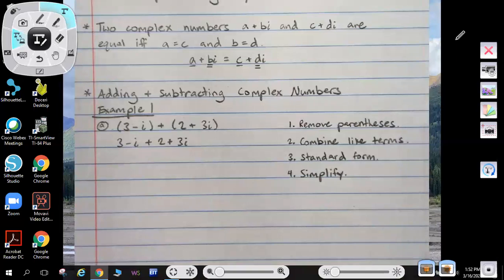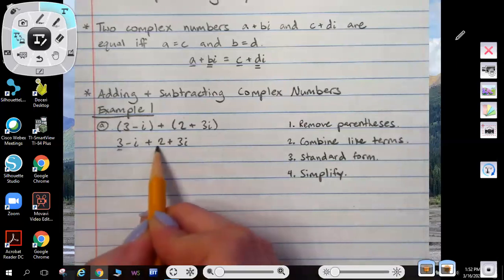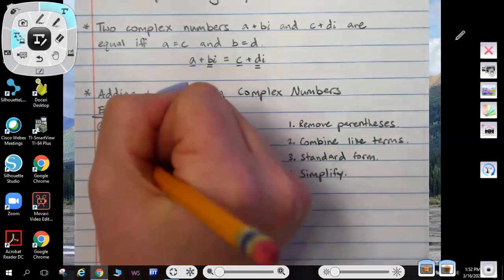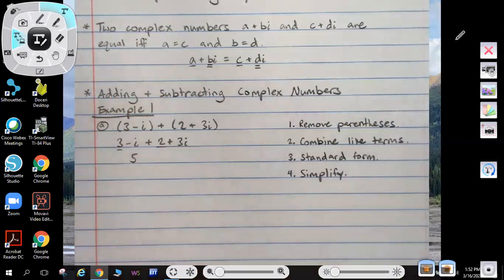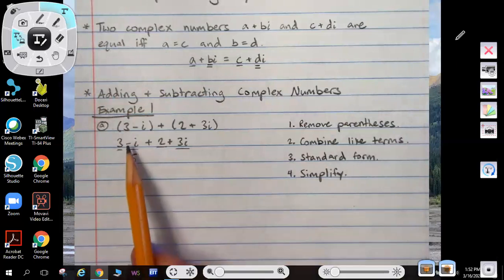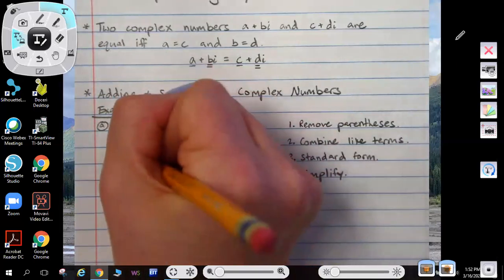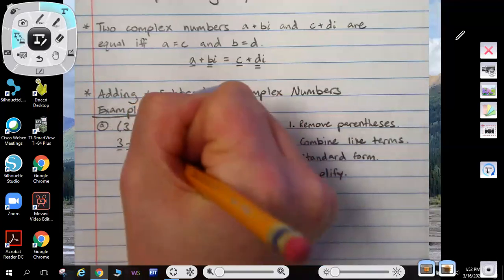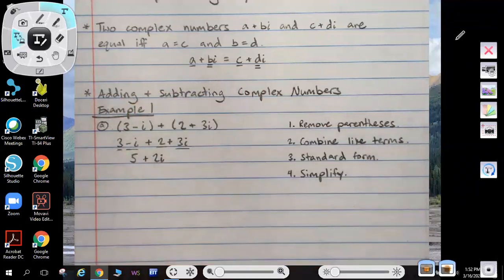So step 2 is combine like terms. So we're going to combine the real parts, which is 3 plus 2. So we get 5. And then we'll combine the imaginary parts, negative i plus 3i. So negative 1 plus 3 is positive 2i. Step 3 is to write this in standard form.